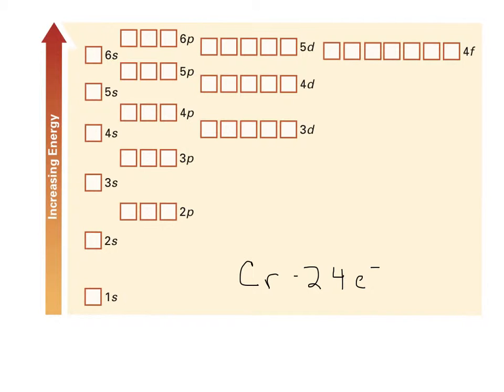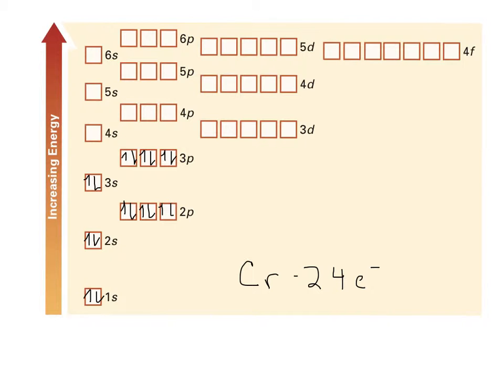So let's take a look at what we would do. First of all, the first 2, 1, 2, 3, 4, 5, 6, 7, 8, 9, 10. Those are my first 10. Then 11, 12, 13, 14, 15, 16, 17, 18.